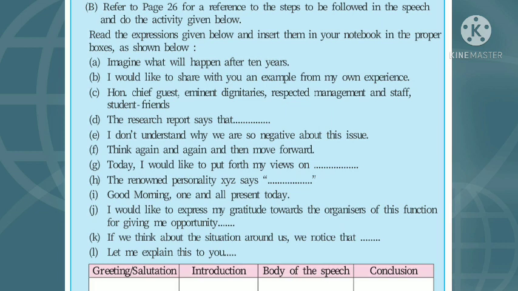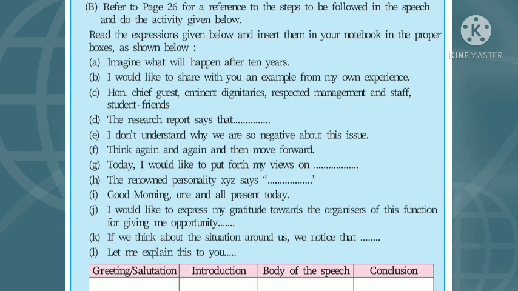This sentence should be written in the first box of greeting. Okay. Another sentence. Which sentence should be written in the first box again? I think: good morning one and all. Number I. So this also should be written in greeting or salutation column.